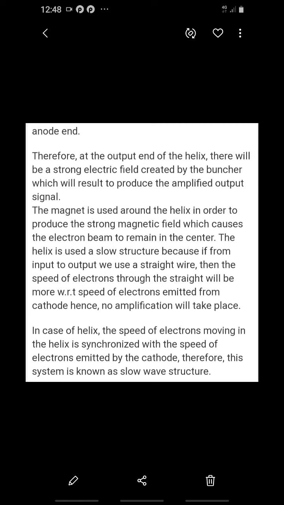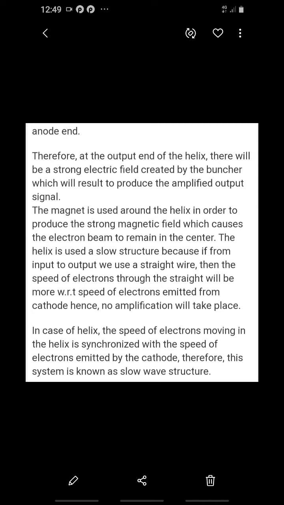Therefore, at the output end of the helix, there will be a stronger electric field created by the bunches, which will result in the amplified output signal.